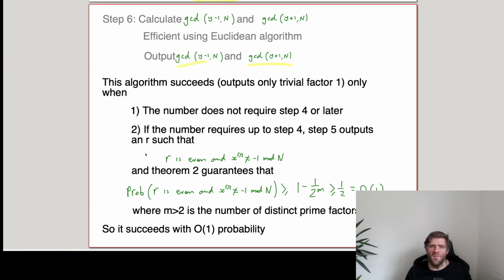So this algorithm succeeds when the number does not require the quantum part, or if the number requires the quantum part and outputs an r that satisfies these conditions, which, as we've said, is O(1). So it succeeds with O(1) probability, which is cool.